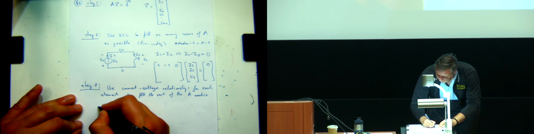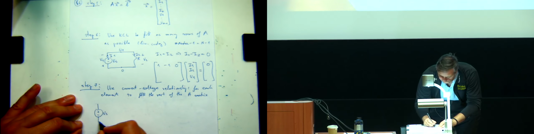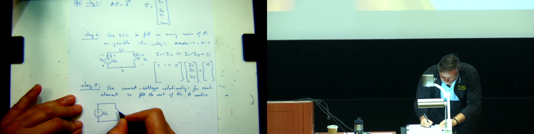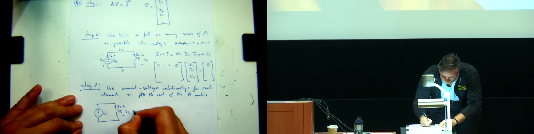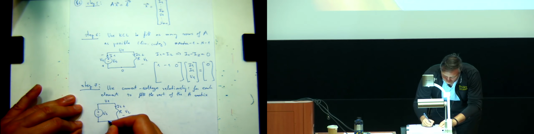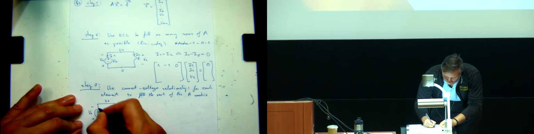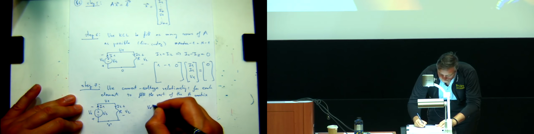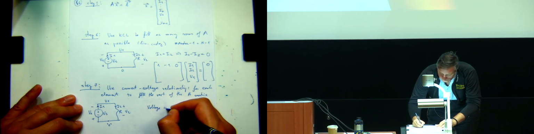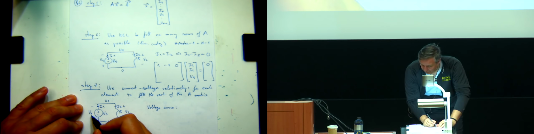So okay, let's do that. Plus minus Vs, R, I2, plus minus V2, U1, 0, plus minus V1, and I have I1. So for the voltage source, what do I have?